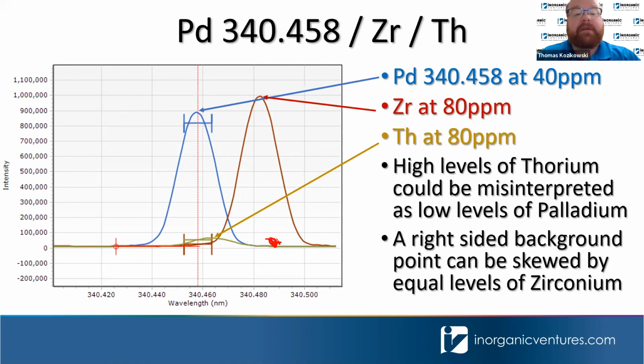But if you have the zirconium in the way, and you don't move it on your instrument software, the line will be drawn near the peak here, and it'll draw a background point like that and take a very different reading from what it should be. And that can skew your results and give you some bias for your samples because your calibration standards aren't done right. In this case, if you use a left point only, you'll have no problems from this.